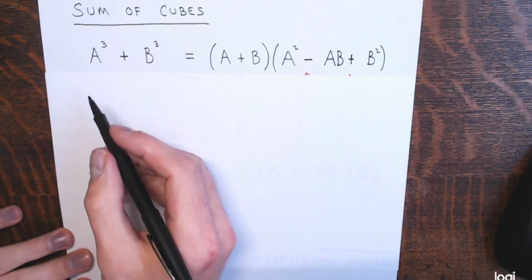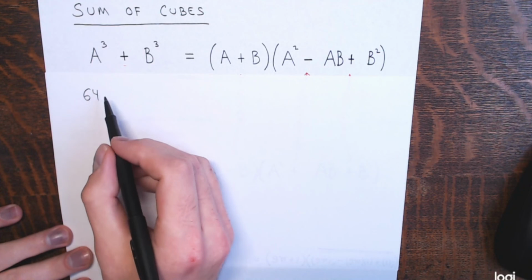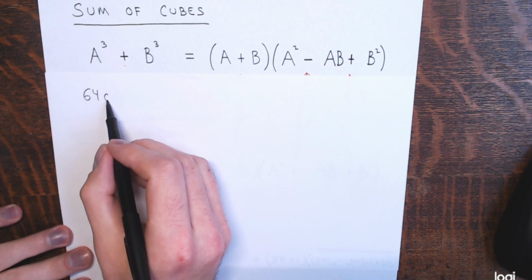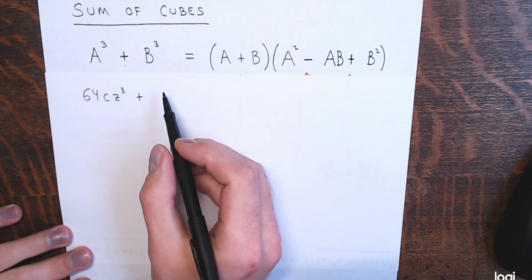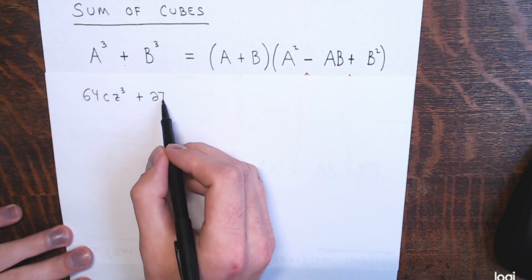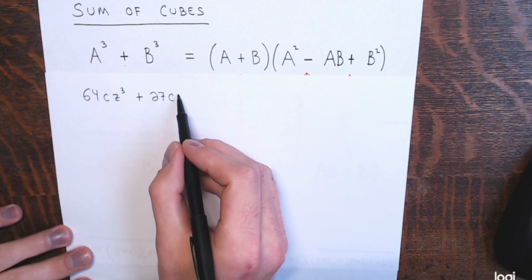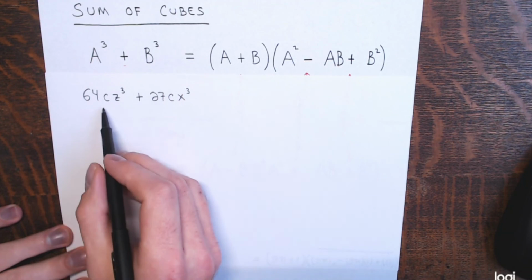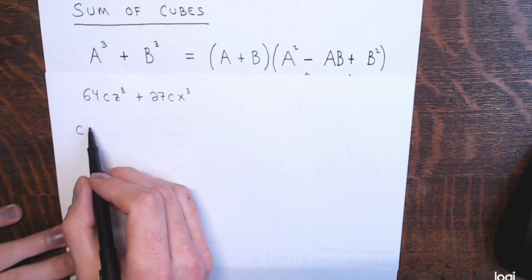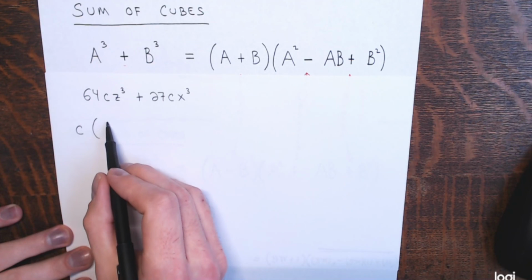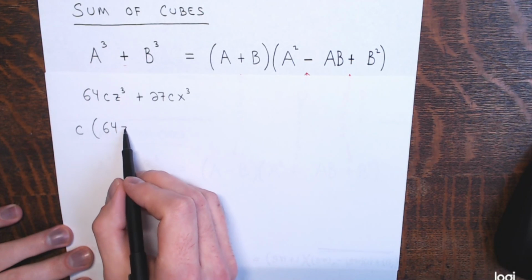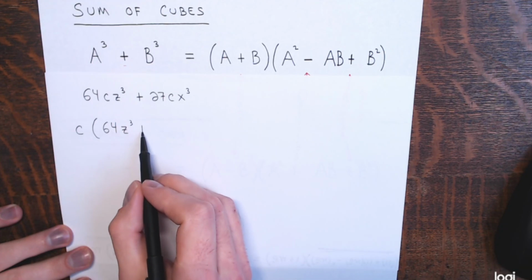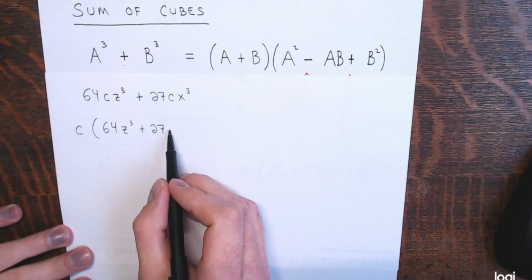The expression we're given is 64cz cubed plus 27cx cubed. The greatest common factor is c, obviously, so I pull out c, and the binomial left over is 64z cubed plus 27x cubed.